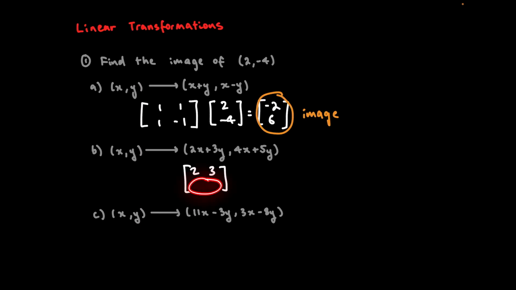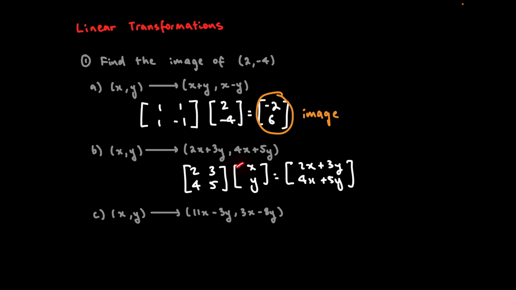In the bottom row, the y coordinate has been transformed by the rule 4x plus 5y, so we get 4 and 5. Now if we multiply this by any coordinate (x, y), the matrix multiplication gives 2x plus 3y and 4x plus 5y. So it correctly describes that the coordinate (x, y) is transformed by the rule, as shown in the question.